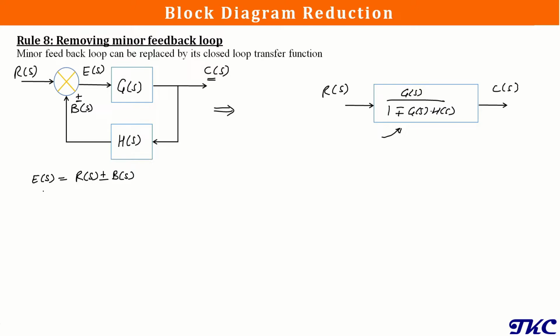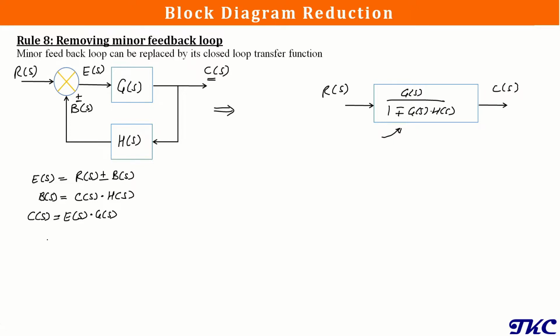Similarly, the feedback signal we can write as the output C of S into H of S, because this feedback signal is sensing this output C of S. So in that way we can write B of S is equal to C of S into H of S. Similarly, we can write the output in the form of error and the block transfer function. So C of S, we can write, will be the error signal, that is E of S, into G of S.